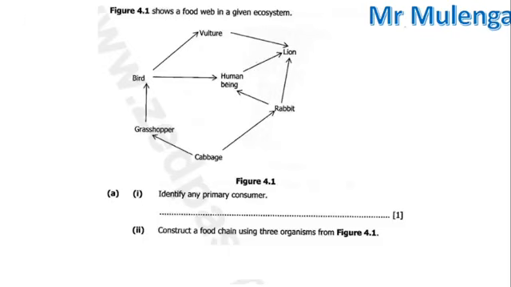Examples of primary consumers are grasshopper, rabbit, cows, and so forth. So from this food web, you can either pick a grasshopper or a rabbit as a primary consumer. You are going to score a mark. So this is our answer to our question A1.